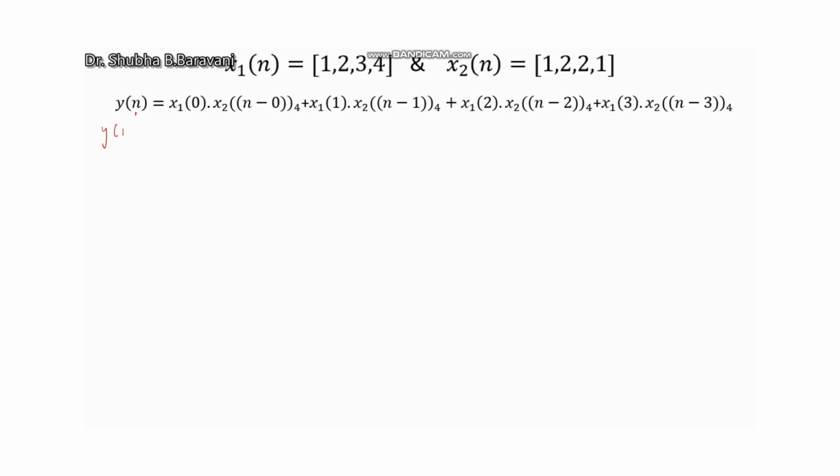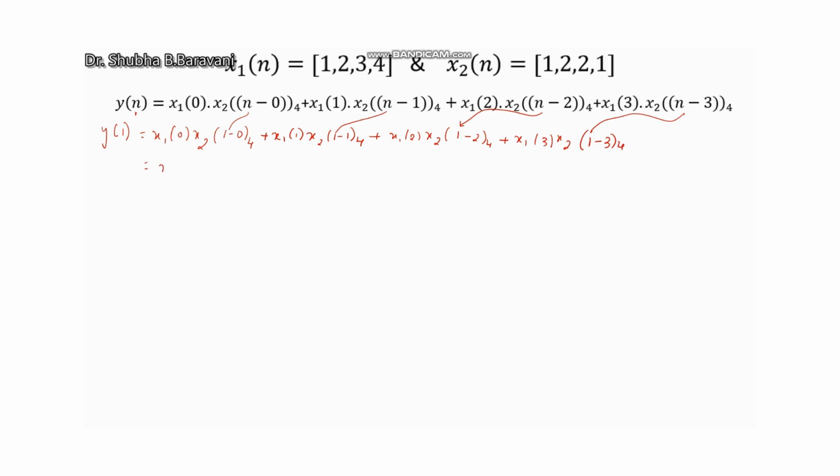So this is y of 1: x1 of 0, x2 of (1 minus 0) mod 4, plus x1 of 1, x2 of (1 minus 1) mod 4, plus x1 of 2, x2 of (1 minus 2) mod 4, plus x1 of 3, x2 of (1 minus 3) mod 4. I'm just substituting the values of n.